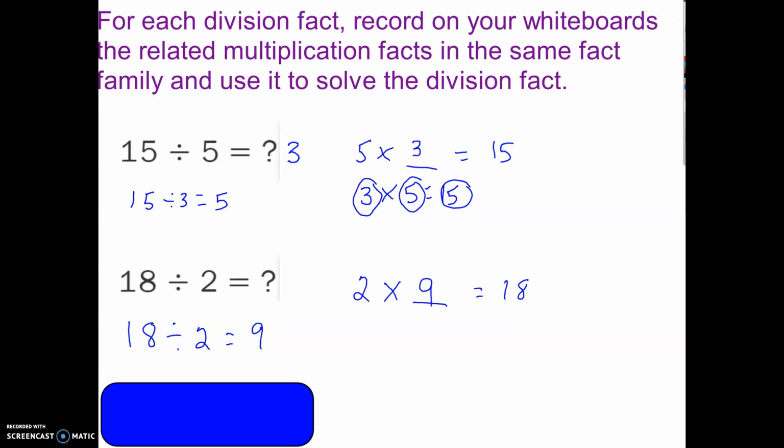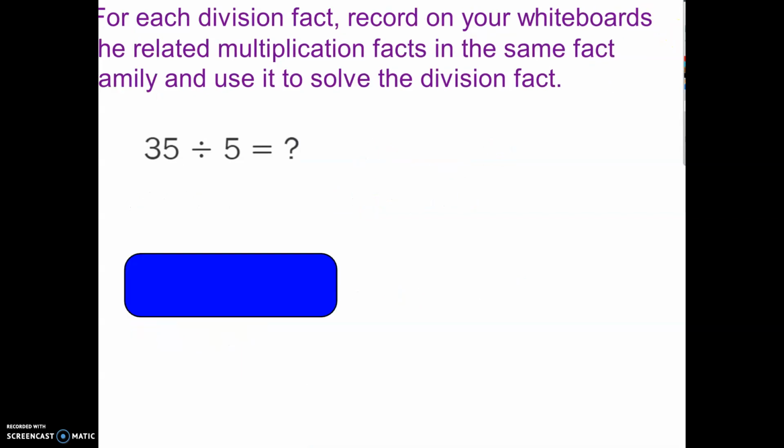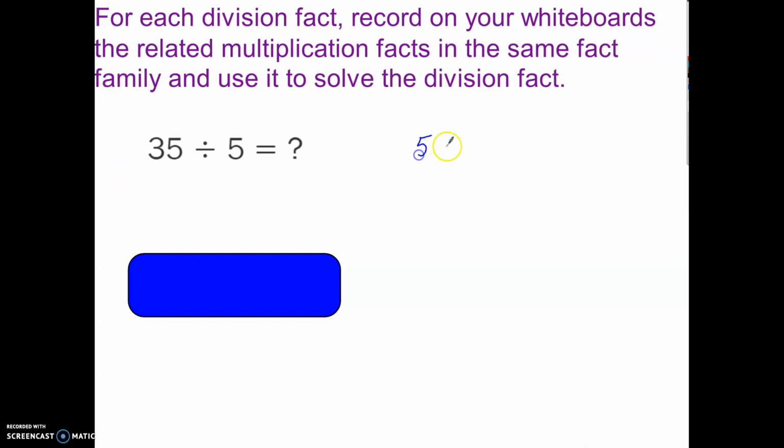Go ahead and erase your whiteboard, and I want you to use that same strategy for 35 divided by 5. So 5 times what number equals 35? How many 5s are in 35? You can count up. 5, 10, 15, 20, 25, 30, 35, 7. 5 times 7 equals 35, so that means 35 divided by 5 must be 7.